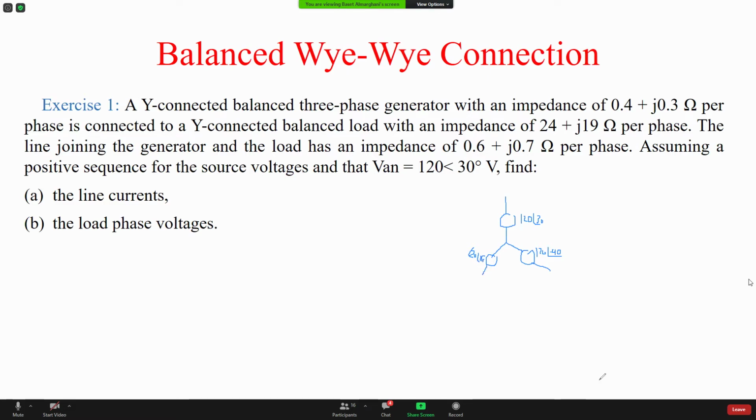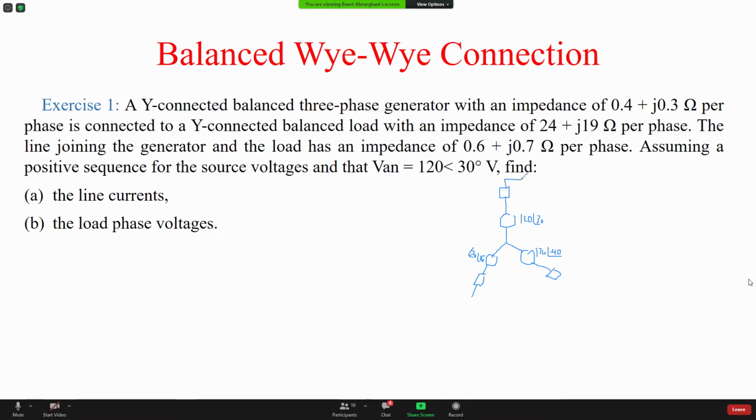This is the source. The source has an internal impedance. It says it's a generator with impedance. So what is the impedance per phase? There is an impedance connected to the generator, to the source.